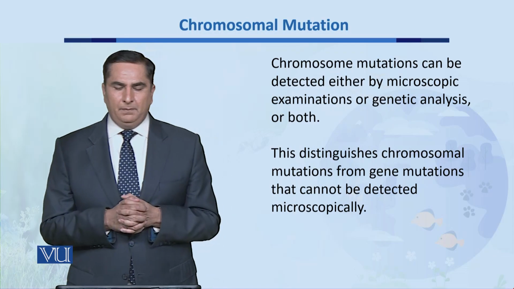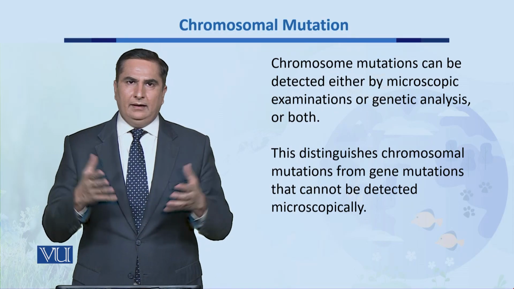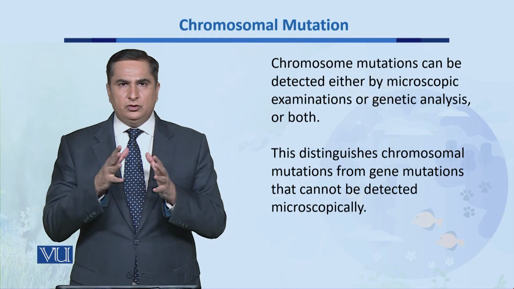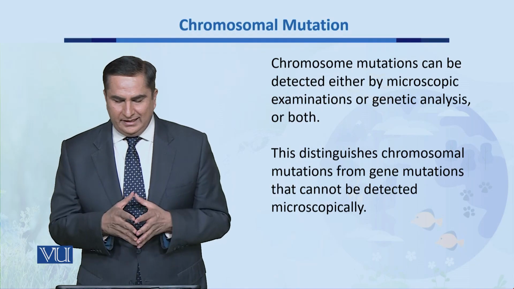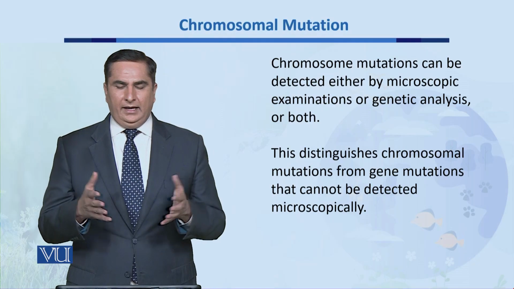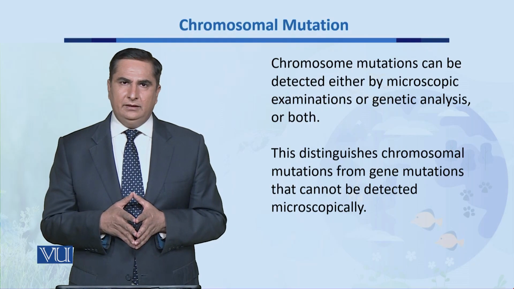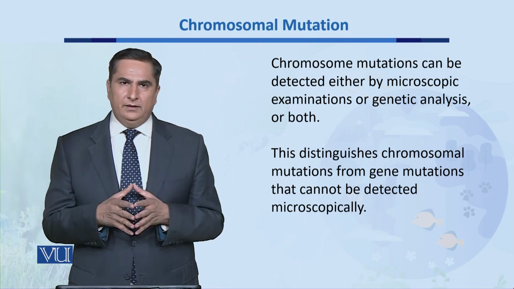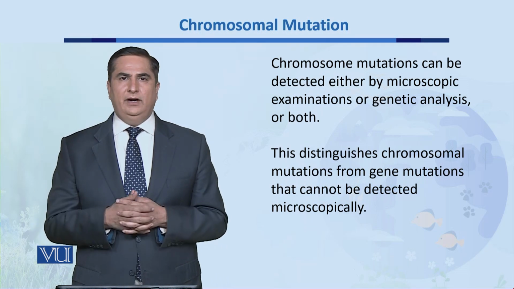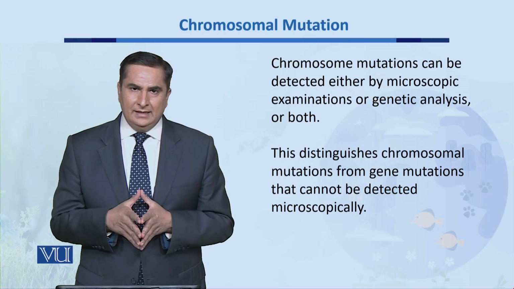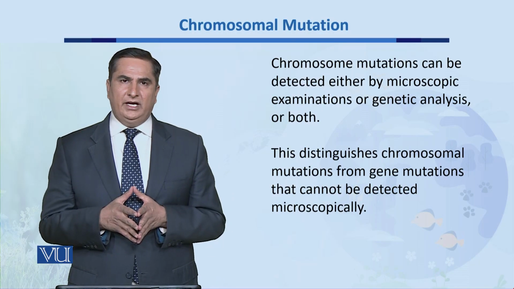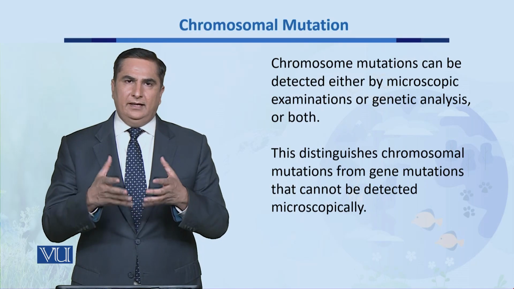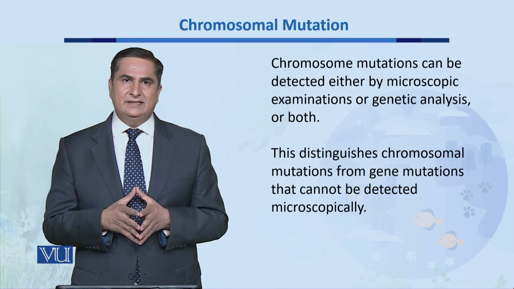Then we have some other mutations as well, and these mutations at the chromosomal level can be easily detected by either microscopic examination or genetic analysis or both. Before the advent of molecular biology, chromosomal mutations used to be detected using a microscope, and there is a specific technique known as karyotyping.